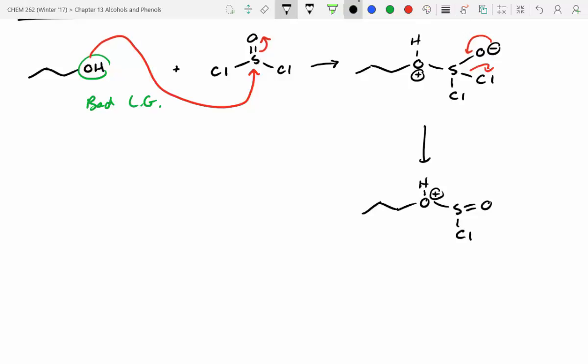And then at this step, we're not quite ready. We need to deprotonate that alcohol. So we're going to use that pyridine solvent. This nitrogen is a good base, but it's not a good nucleophile. So it's going to grab this proton and give us our neutral product.